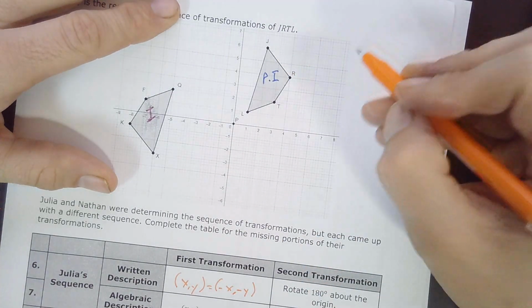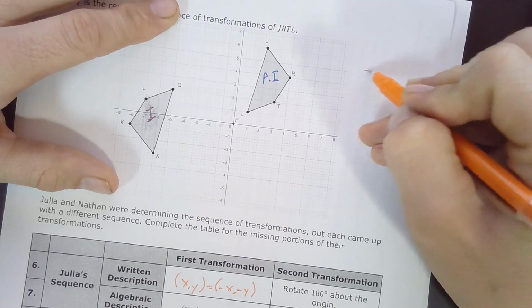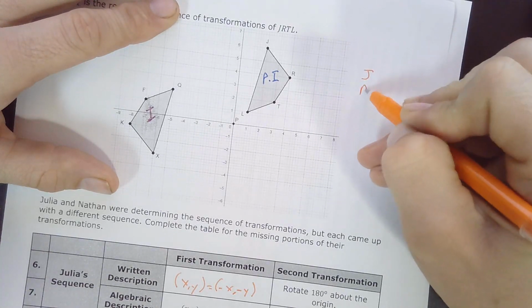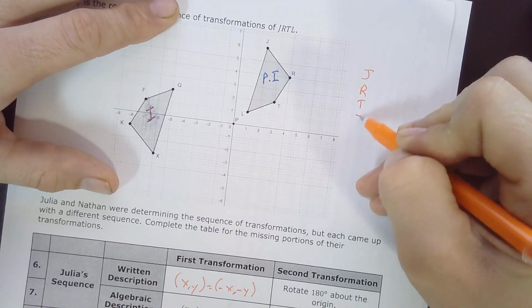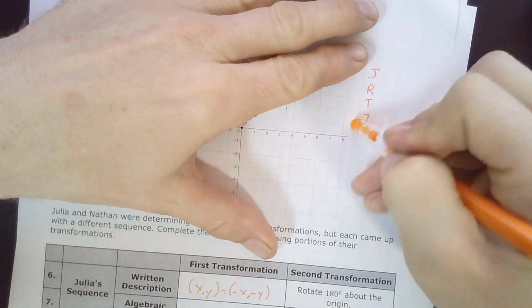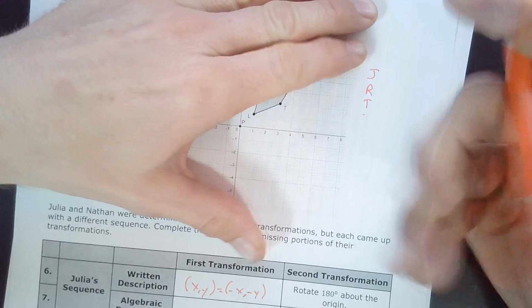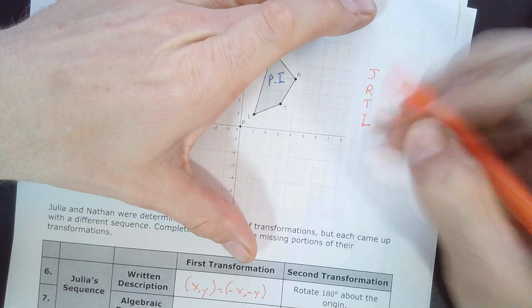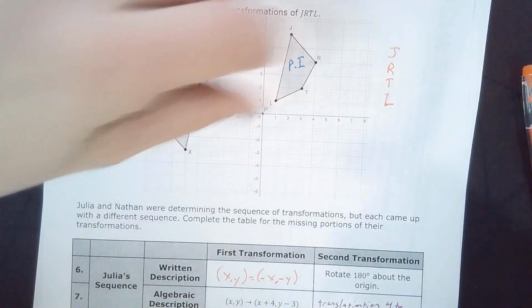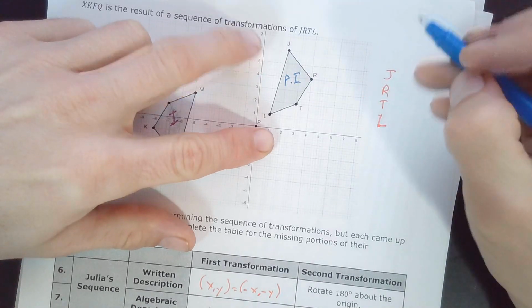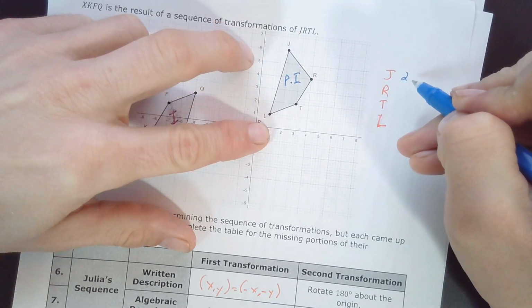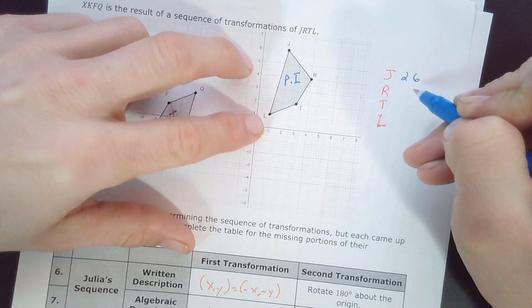coordinate pair table. All right, so we have J, R, T, L. That's a 7, not an L. L. Okay, and the original number pairs are J is 2 and 6.